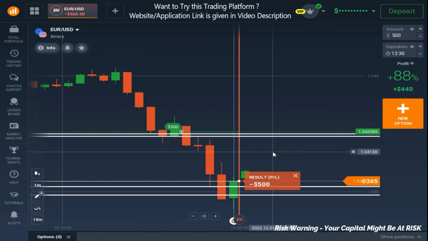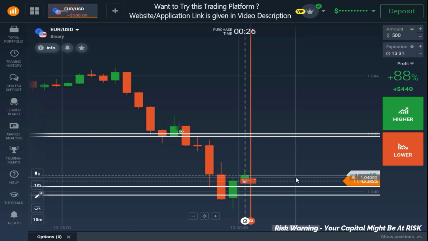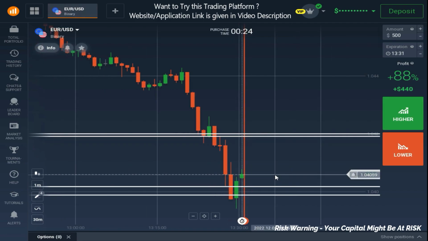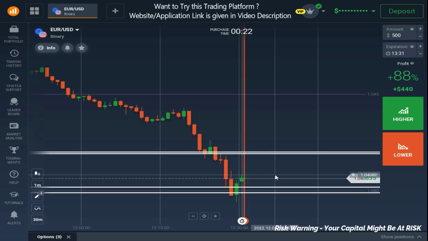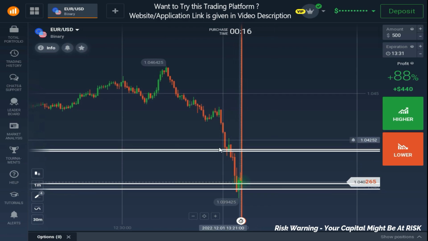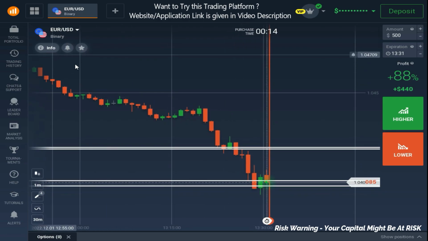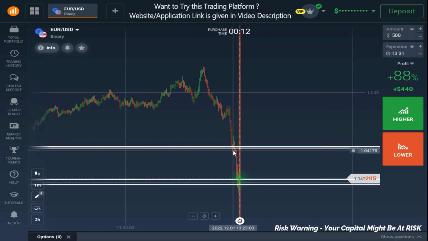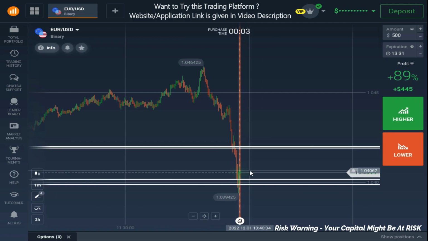So we have lost this trade again, and both of the trades that we have taken in this trading session are the ones that made us lose money. So the concept is still the same here as well. The market needs to retrace back. It is going to retrace back, but right now I'm not in a position to take another trade because my risk appetite is finished.